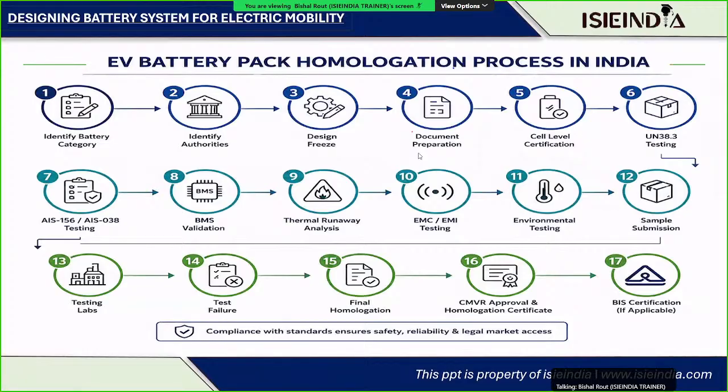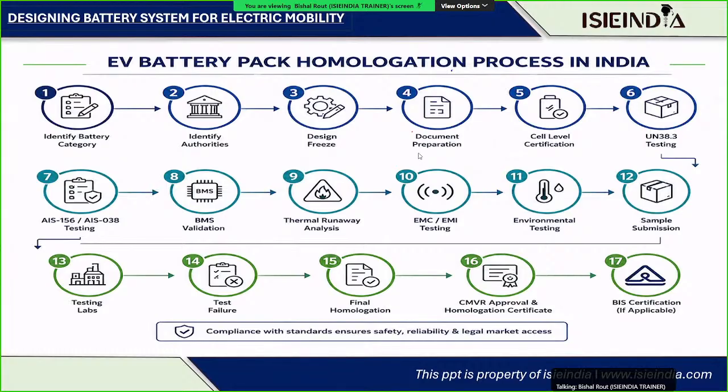Then we have something called document preparation. Now the manufacturers are going to prepare complete technical documentation like the battery pack drawing, the mechanical layout, the electrical schematics like high voltage and low voltage architecture, the BMS logic, whatever they have utilized, the thermal design report like cooling validation, the IP protection report like ingress protection against water and dust, and the FMEA report, that is the failure analysis, right?